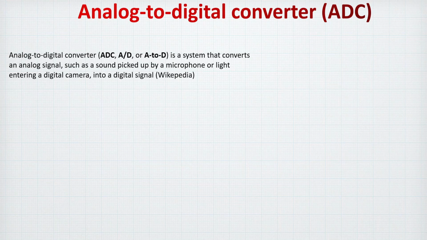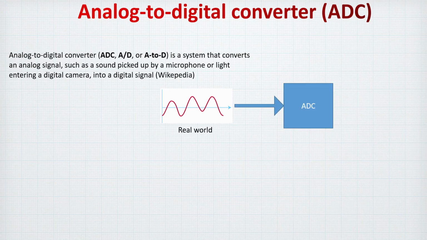This is Wikipedia. In other words, you take the real world signal, whatever temperature, humidity, whatever happening within this world, and then you go through the ADC, which converts it to a certain electrical signal, and this signal goes to the computer as a number that it can understand. So that's as simple as it is.